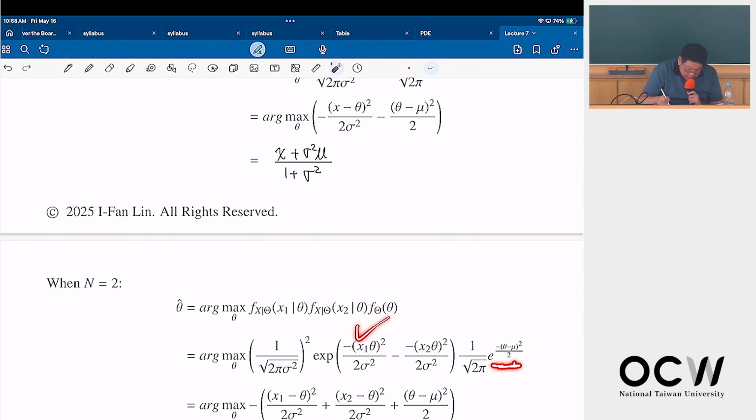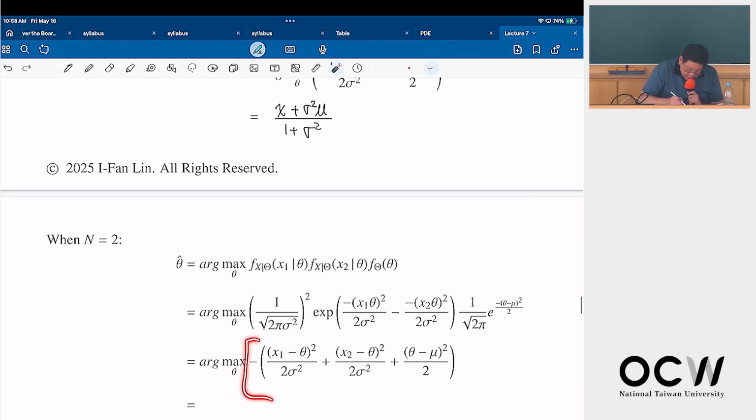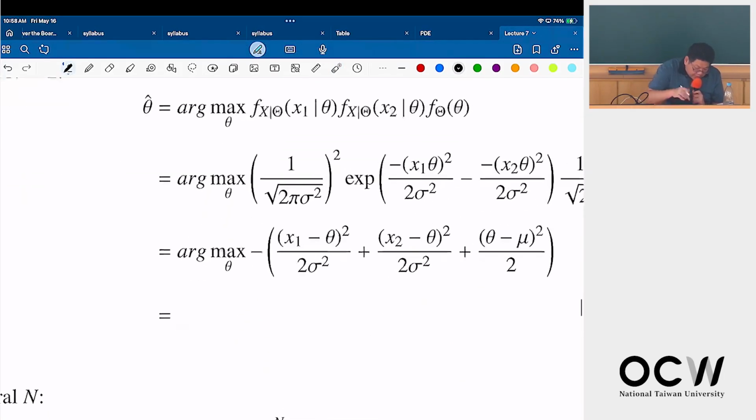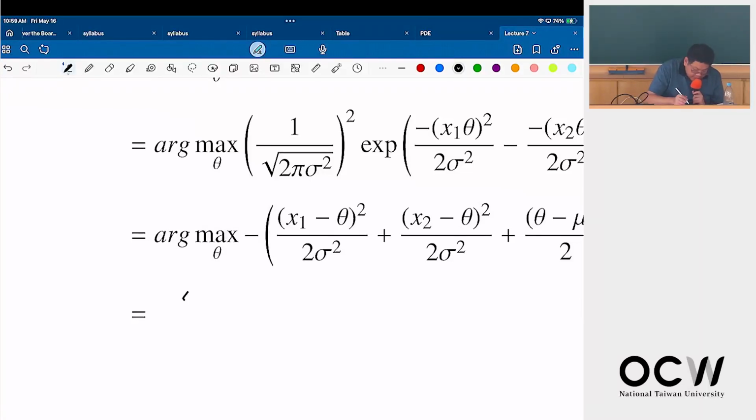So we only need to care about these three terms, to maximize these three terms. And then you'll get (x1 plus x2 plus sigma square mu) divided by (2 plus sigma square).